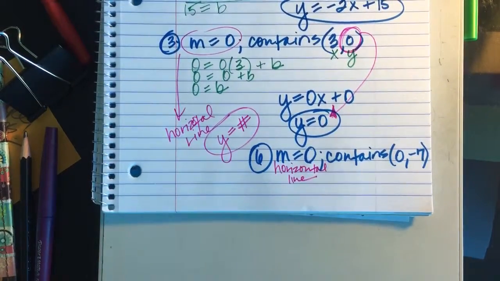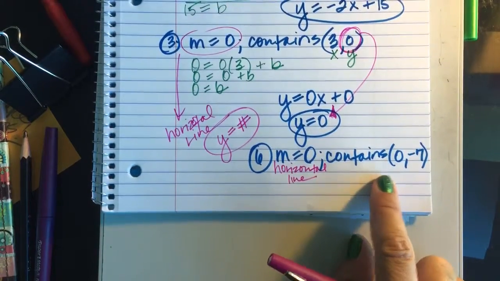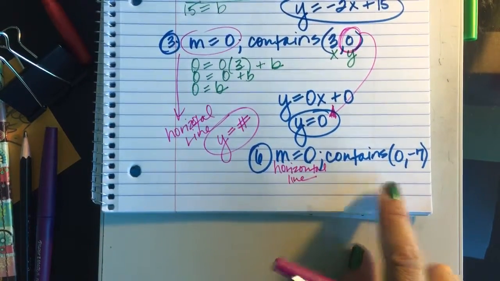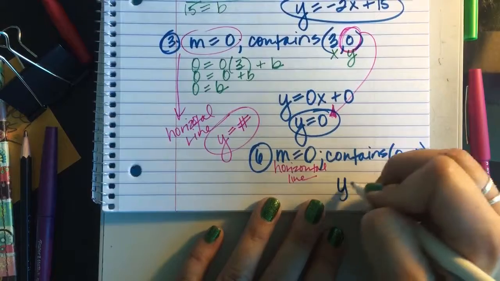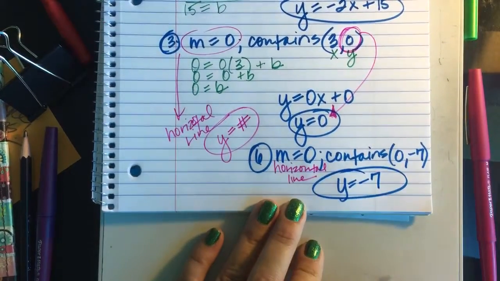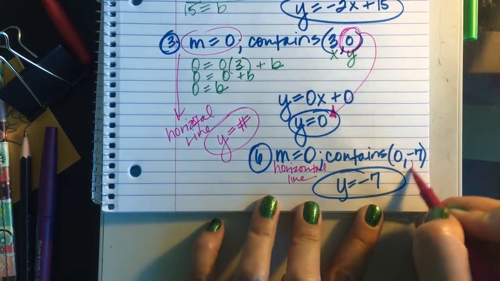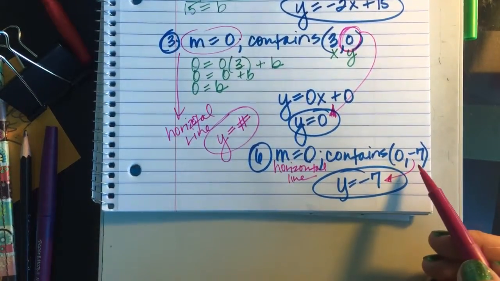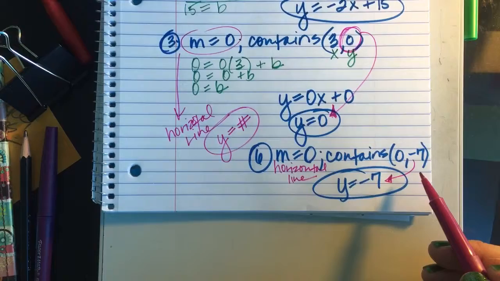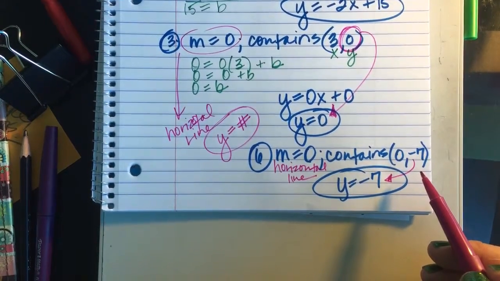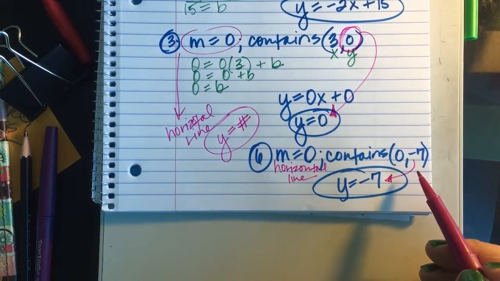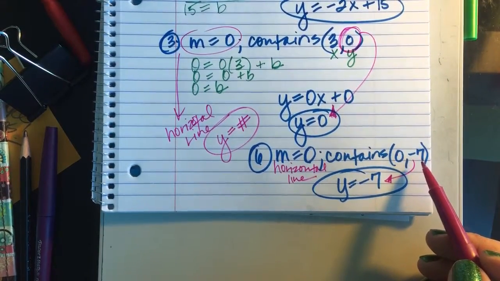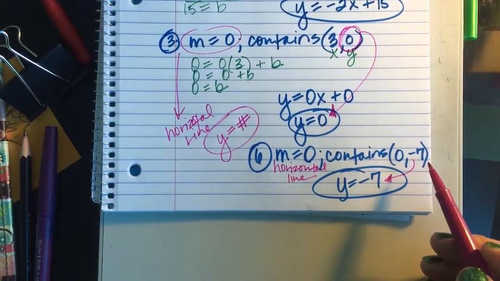What's the y value on the point that we have? That means that it doesn't even matter what x is. Here's the equation for your line. When it's a horizontal line, all I know is regardless of what x value sits there, the y is always the same. And in this case, it was negative 7.